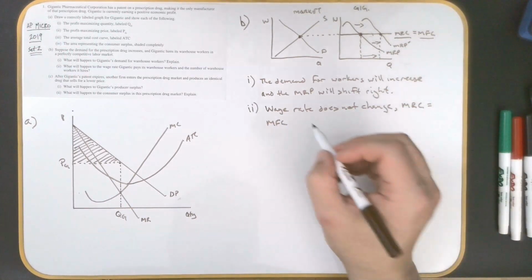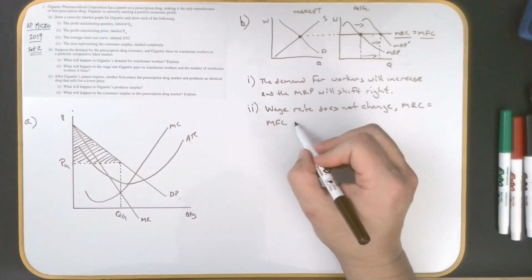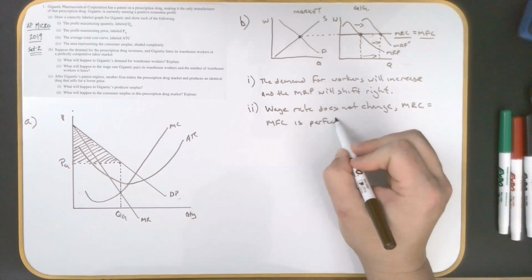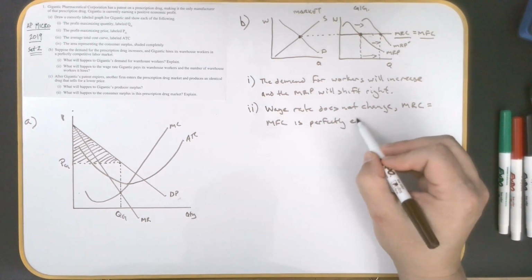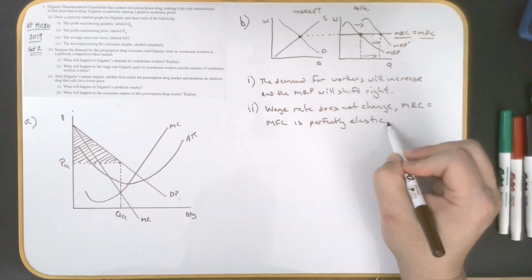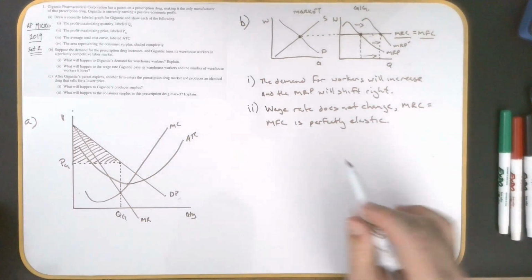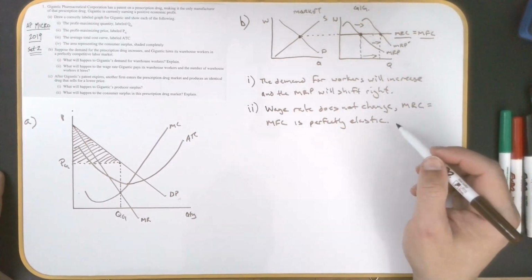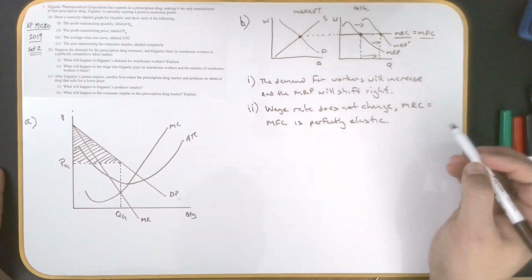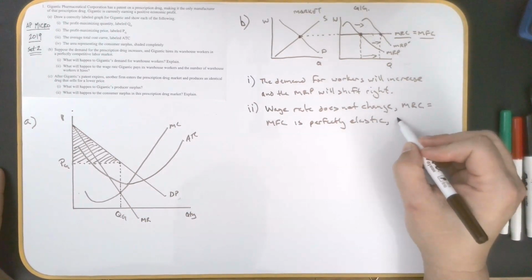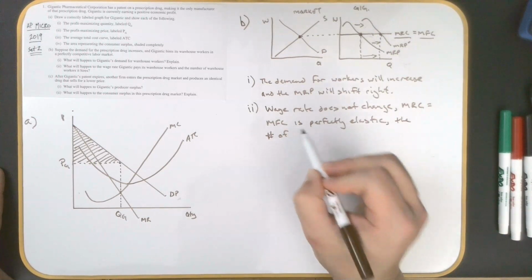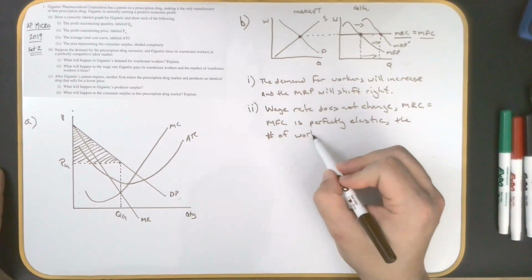MRC, which is equal to MFC, is perfectly elastic. Or you could say, if you prefer, it's a constant. It's fine. But it's because we're in perfect competition. Okay, and then what happens to the number of warehouse workers? The number of workers increases.